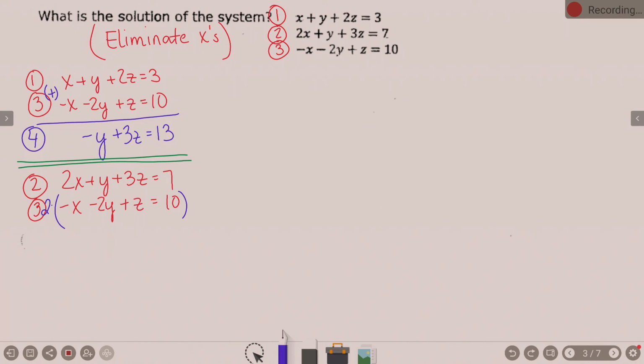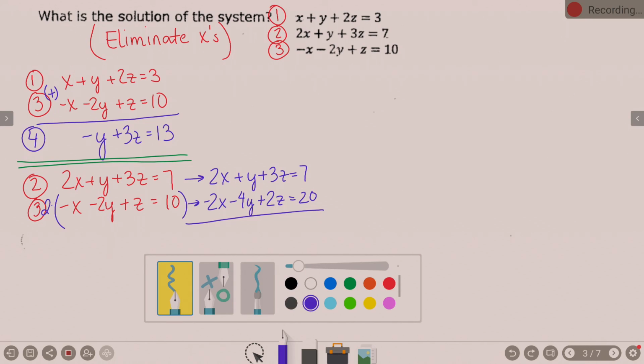I'm going to pull this over to the side. My top equation, 2x plus y plus 3z equals 7, stays as is. My bottom equation, when I multiply by negative 2, is negative 2x minus 4y plus 2z equals 20.